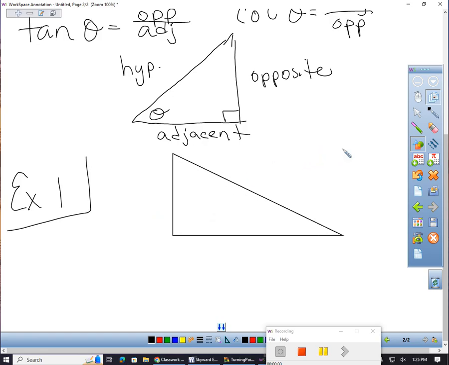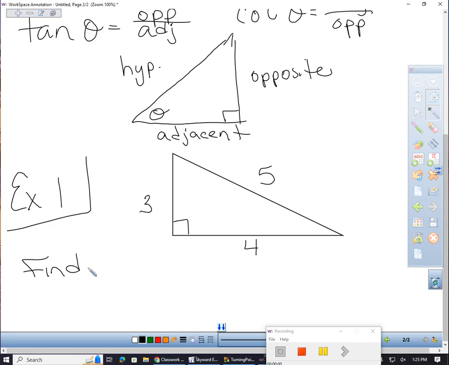Here's my triangle. And in my triangle, let's make this, how about, we'll just do a 3, 4, 5 to begin with. And it's going to ask you to find the 6 trig ratios. And we're going to put theta in this corner.